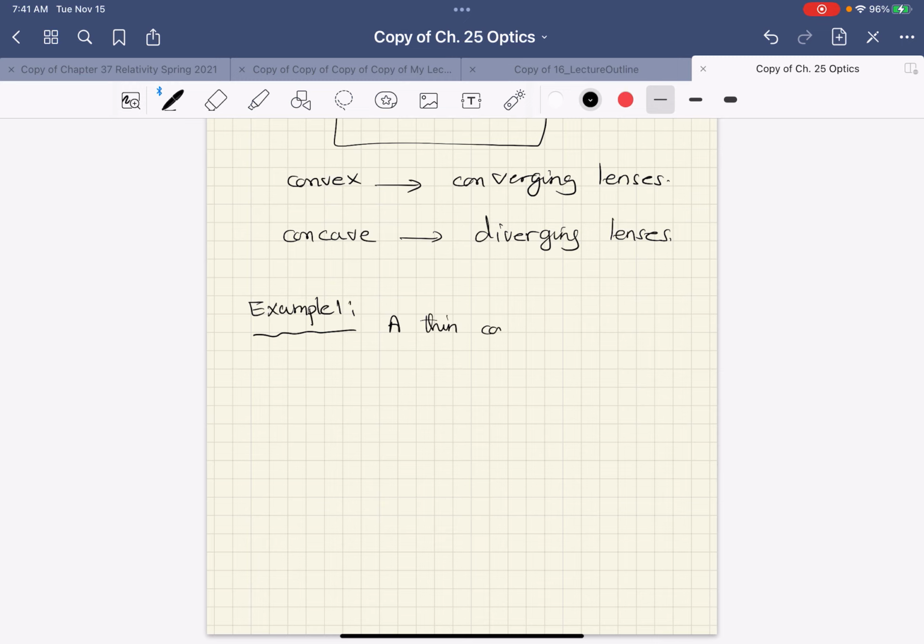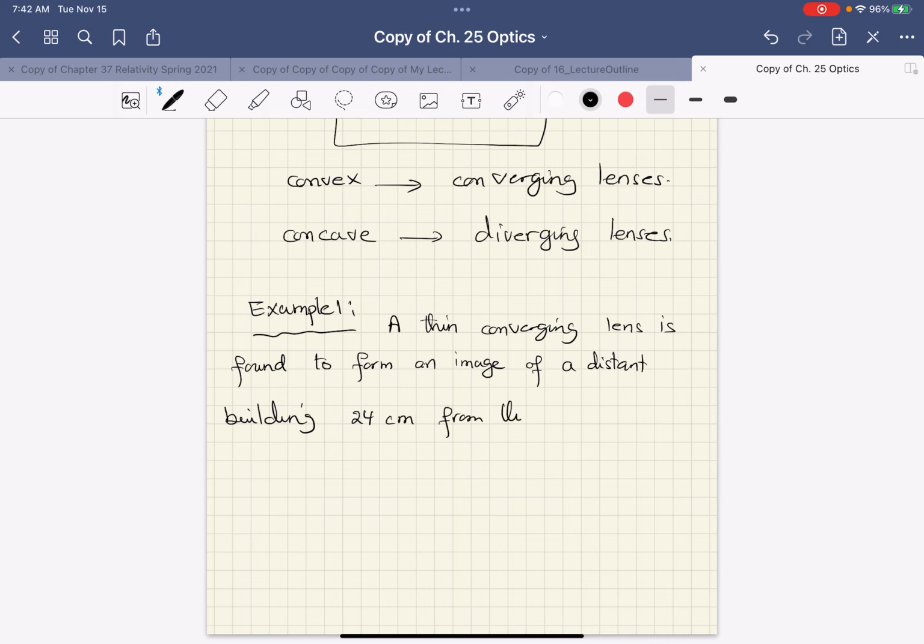A thin converging lens is found to form an image of a distant building 24 centimeters from the lens.